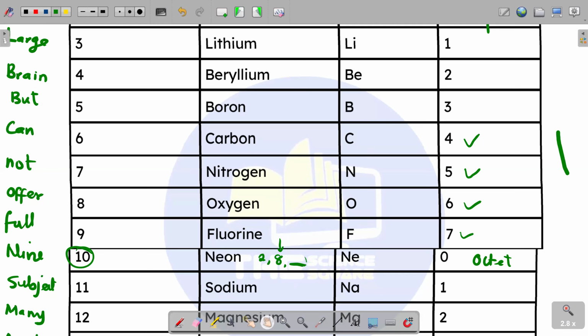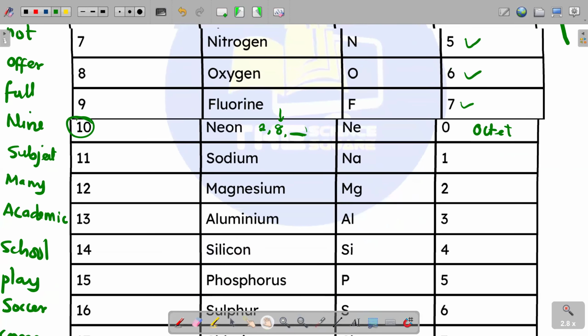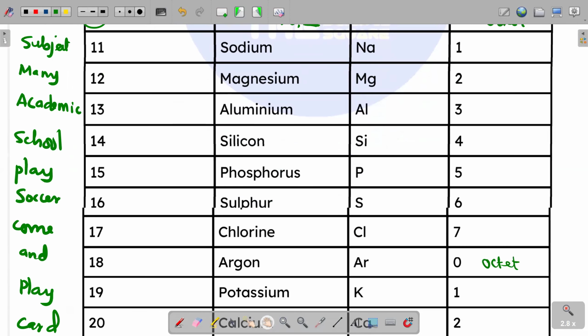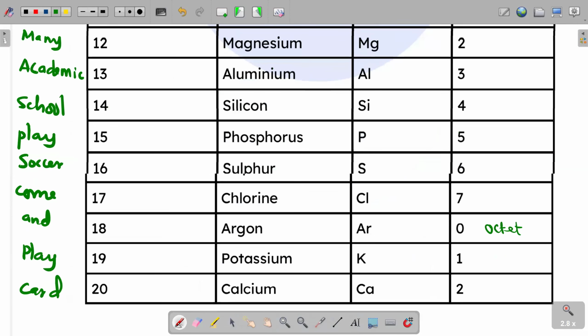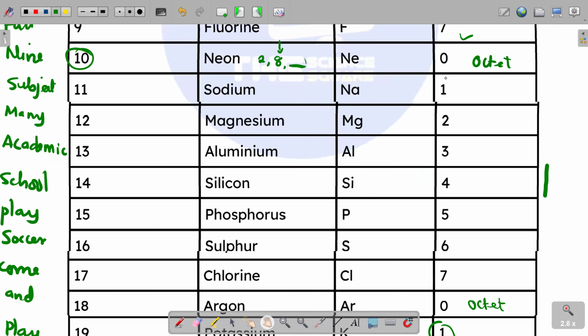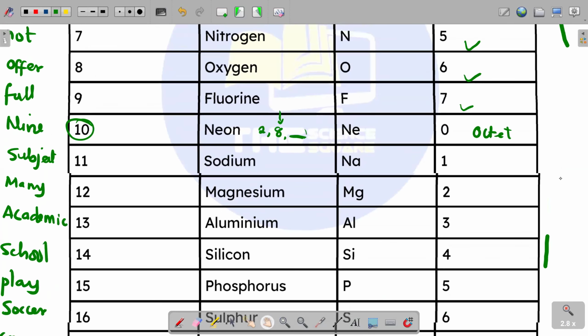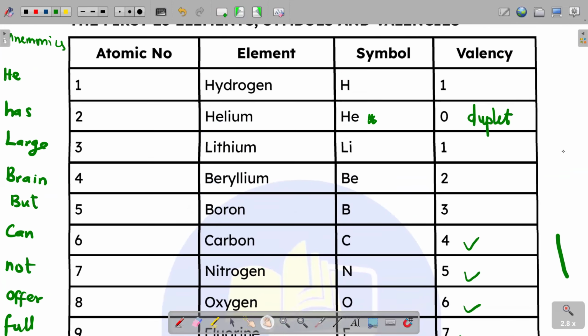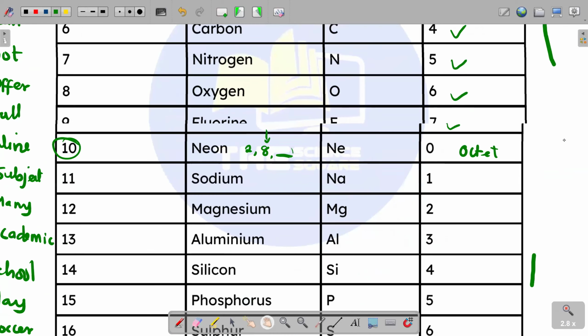Then we have sodium also a valency of 1, just like lithium, and potassium also has a valency of 1, just like sodium. Okay, so these are the first 20 elements and their corresponding symbols and their corresponding valences.